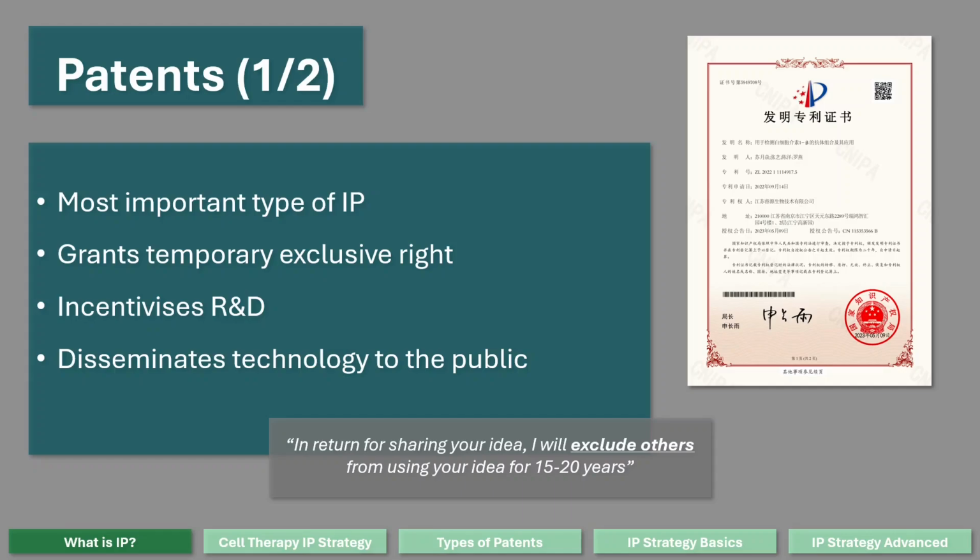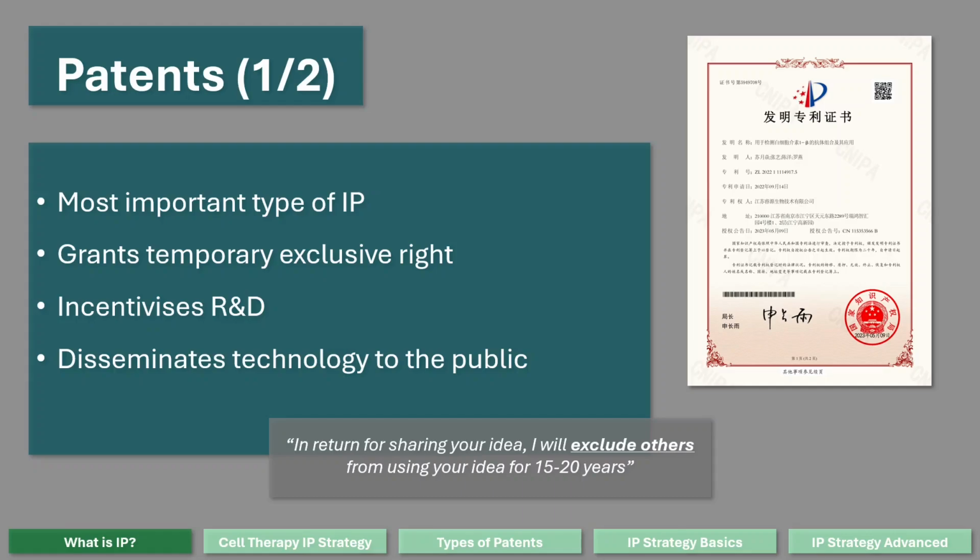Patents allow an advanced economy to incentivize R&D by providing recognition and temporary ownership of the invention. It also allows an advanced economy to disseminate the technological developments in the patent for other users to improve the economy of a country and the standard of living of its people.